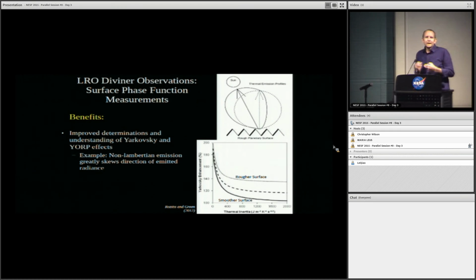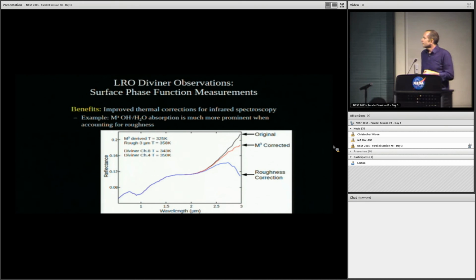And so that little amount of thrust that you get from the Yarkovsky effect is going to be skewed in a certain direction. In effect, that can have a huge effect, especially for lower thermal inertia surfaces. It can actually double the strength of that effect. So it can be quite a big factor.